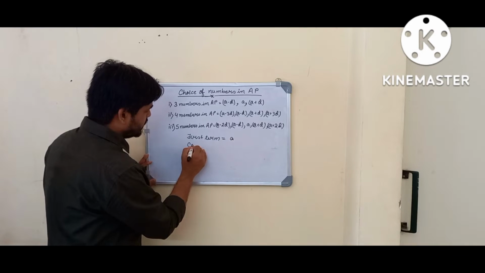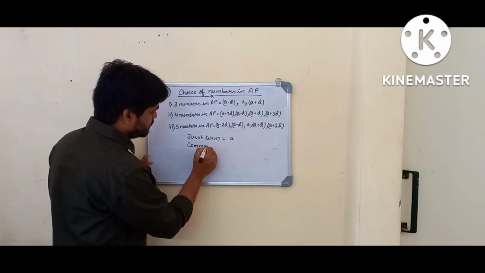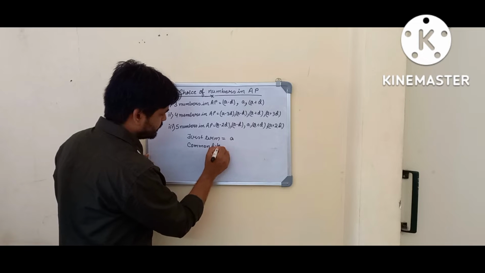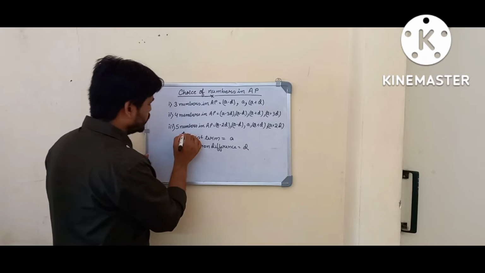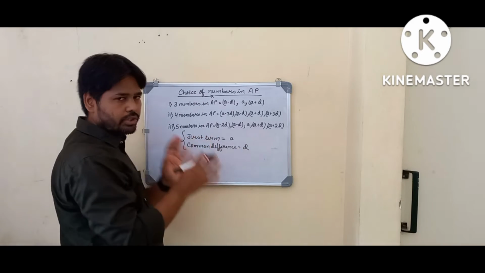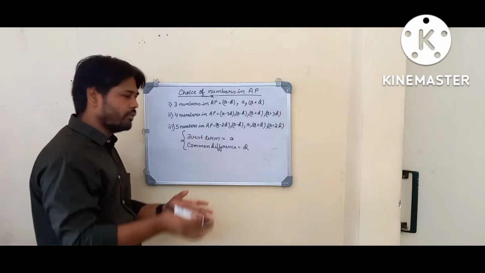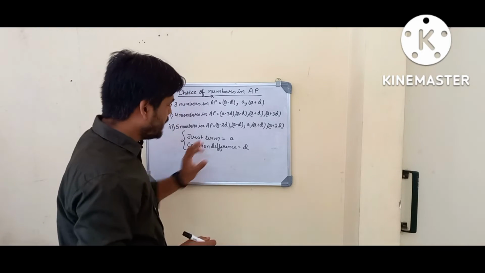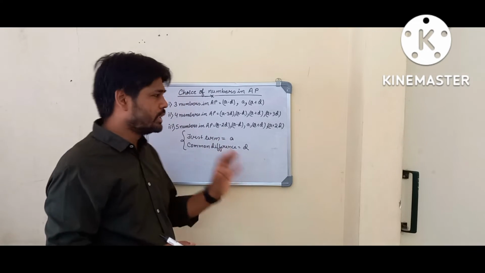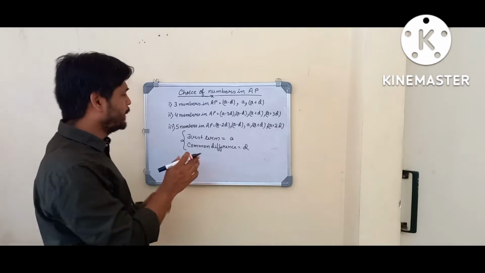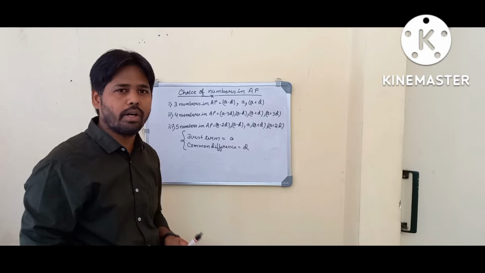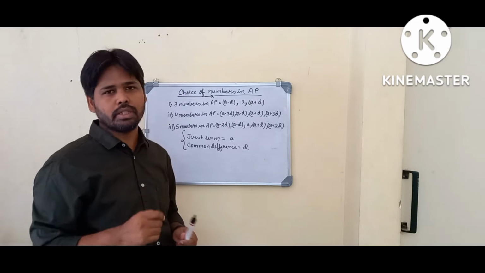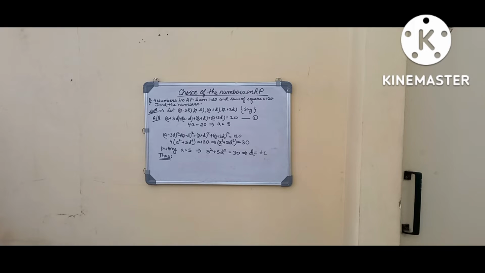And the second requirement is that the common difference should be equal to D. If these two things are known to us, or we can somehow manage to get these two terms, then we can very easily obtain these numbers in sequence, and hence we would be able to find the exact values of the numbers being asked.